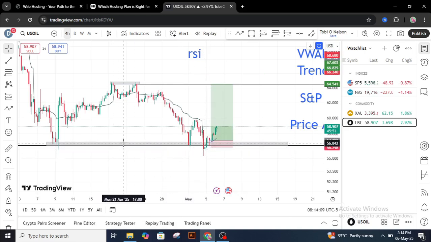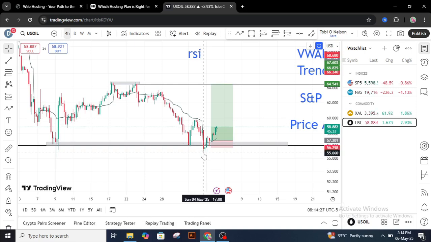Reason being that, first of all, there is a double bottom here. This is the first bottom. This is the second bottom. If you look at it on the daily time frame, it's going to be clearer. This is the second bottom before this particular push. Because on Saturday, OPEC decided to release more crude oil into the market and cause this particular sell-off or pressure on price.